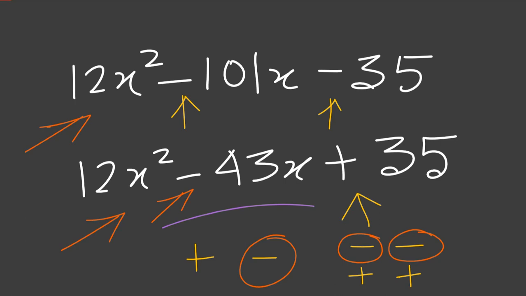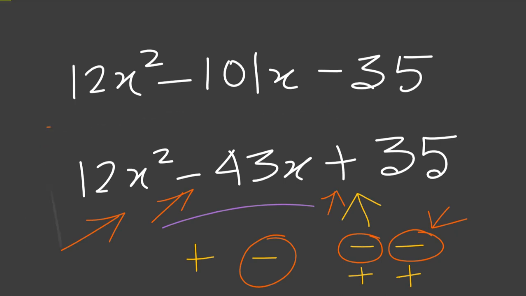That means one number has to be negative, and as I told you, the sign of the constant tells us that both will be positive or both will be negative, because it is plus here. Hence if one number is negative, then the other also has to be negative. So you get that clear?